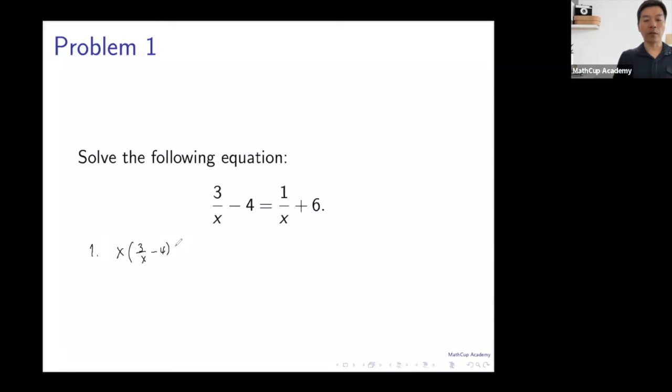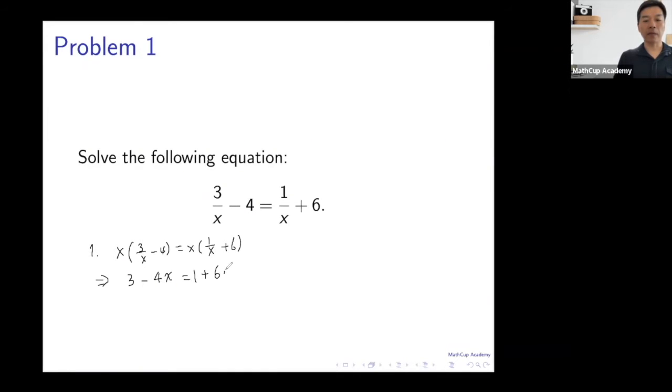This minus 4 equals x times 1 over x plus 6. And this is the same as, using the distributive law, 3 minus 4x equals 1 plus 6x.